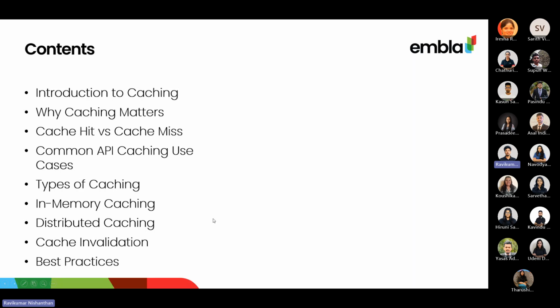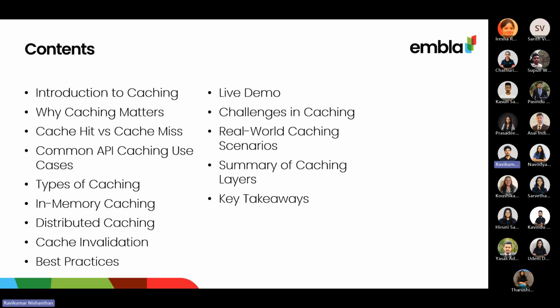We'll also discuss best practices to keep your caching effective and efficient, and a small demonstration to show how caching can enhance the performance of an API, and some challenges in caching, also real world caching scenarios, and also a summary of caching layers, and some key takeaways from caching.